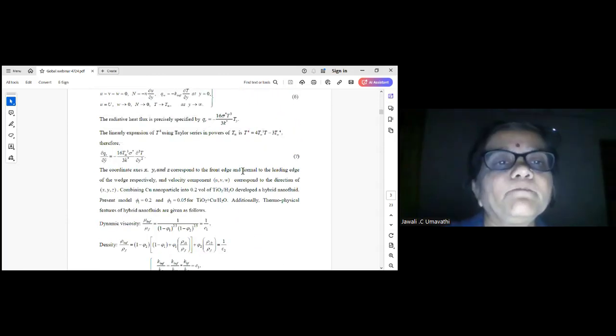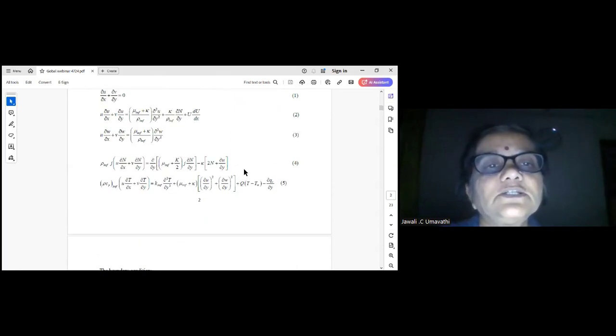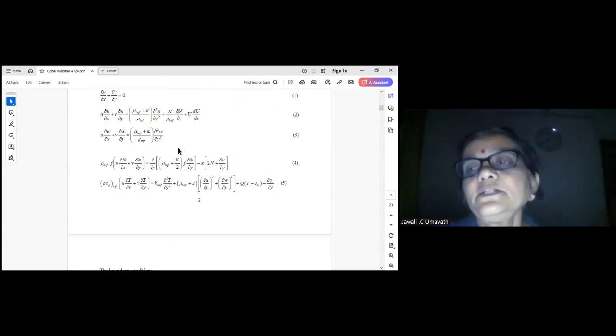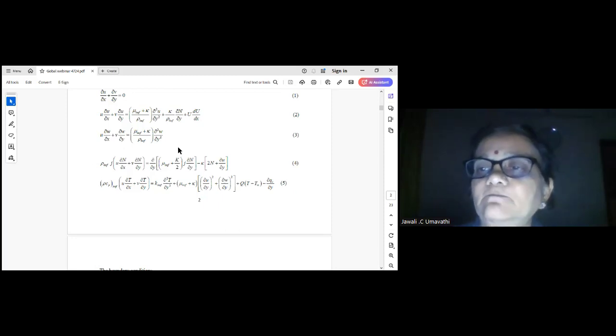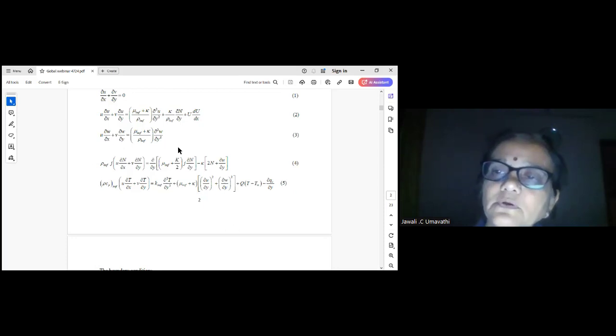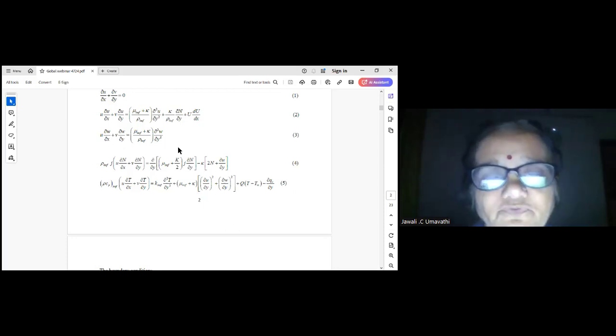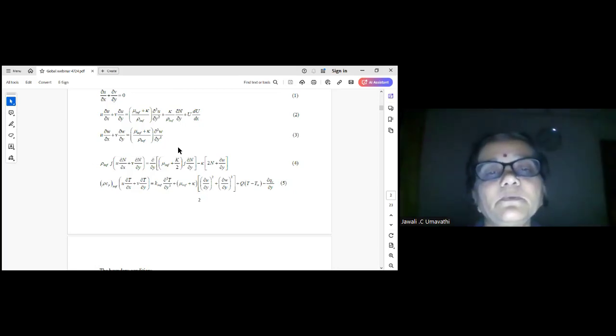You can see in my basic equation, I consider mu HNF and rho HNF separately. That means, again in nanofluid, there is a lot of controversy, because when we go for mathematical modeling, we have to define whether my fluid is homogeneous or heterogeneous.